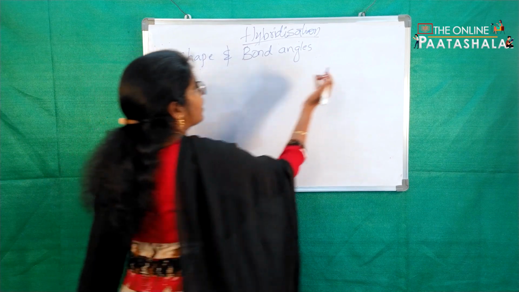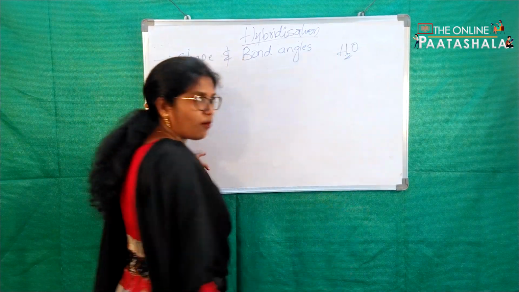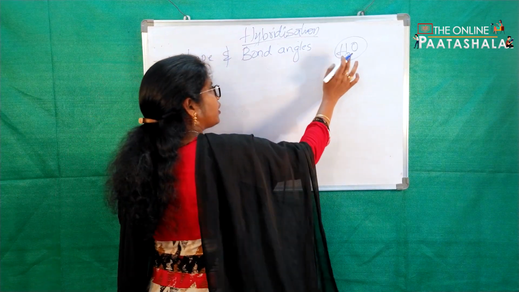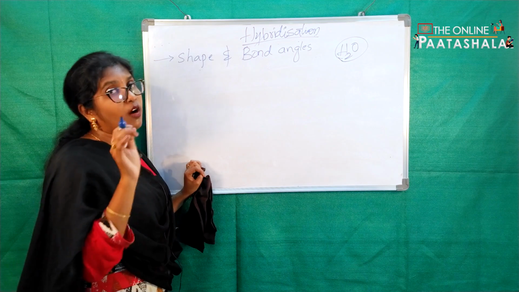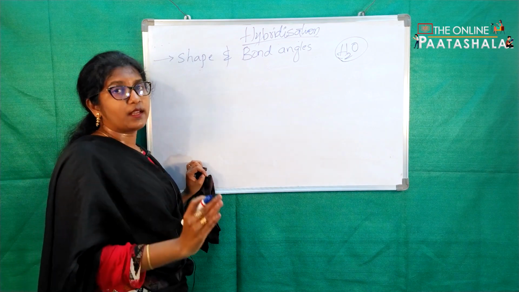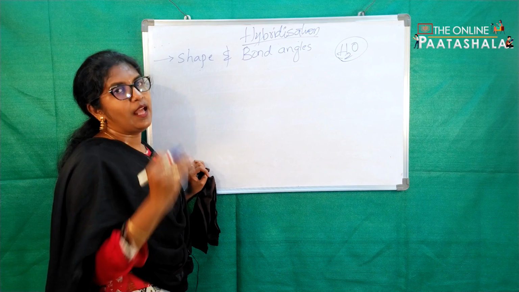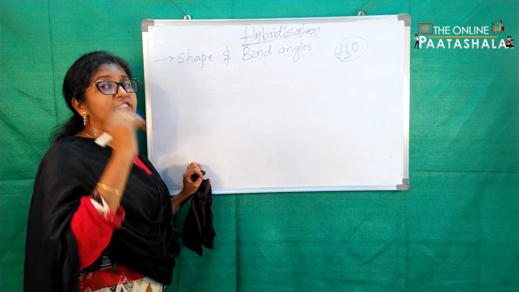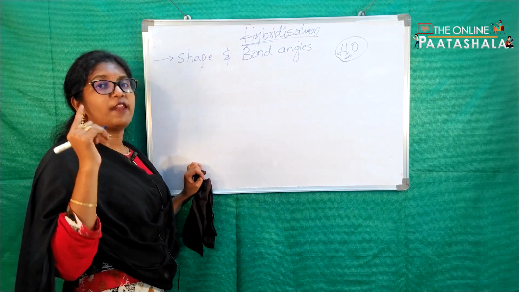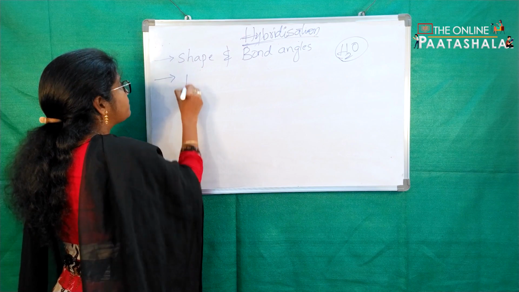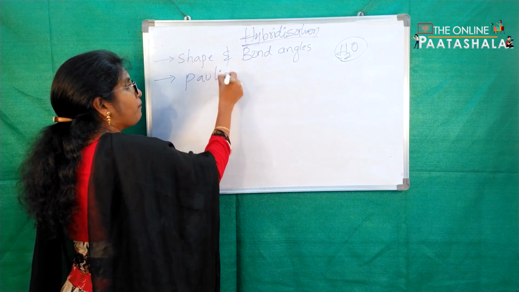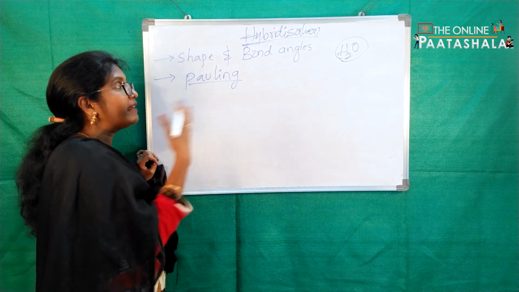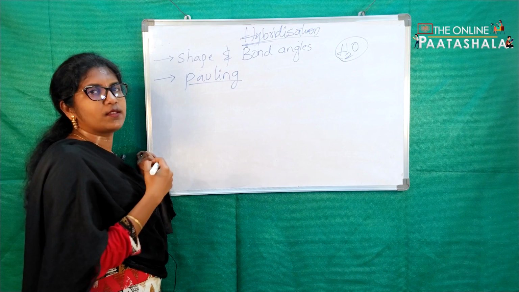Suppose H2O, it is a water molecule. Do you know that water has its shape? Water even has a bond angle, and all this explanation is given in hybridization, and this hybridization concept was first introduced by Pauling.